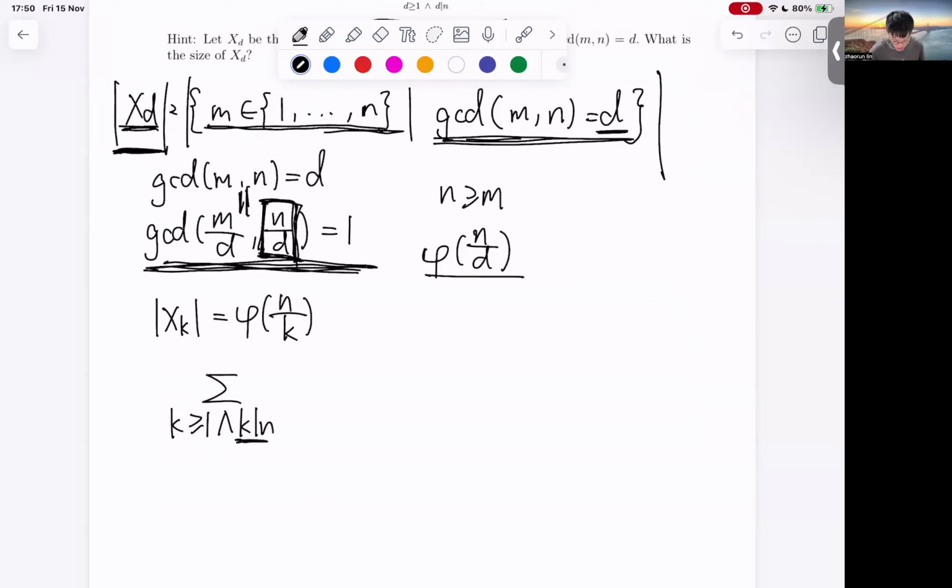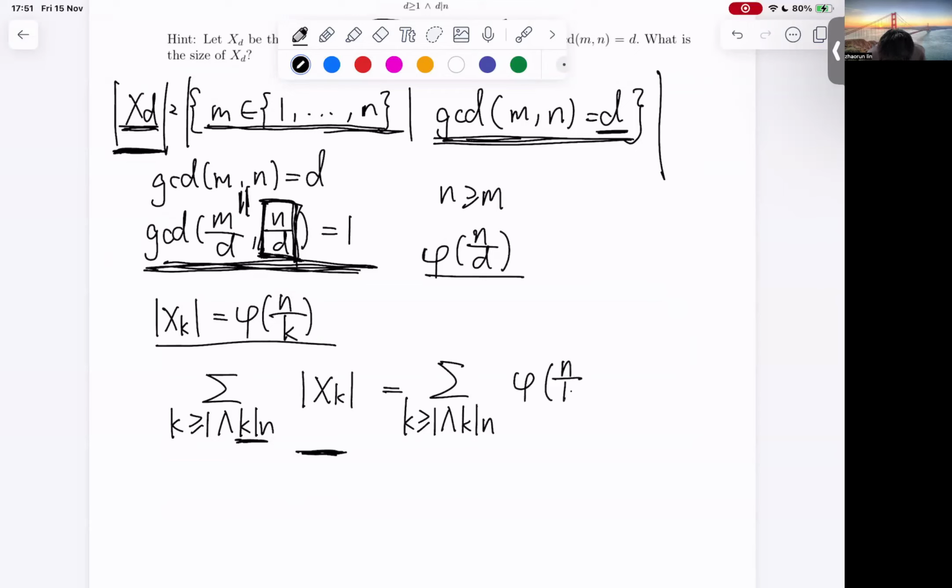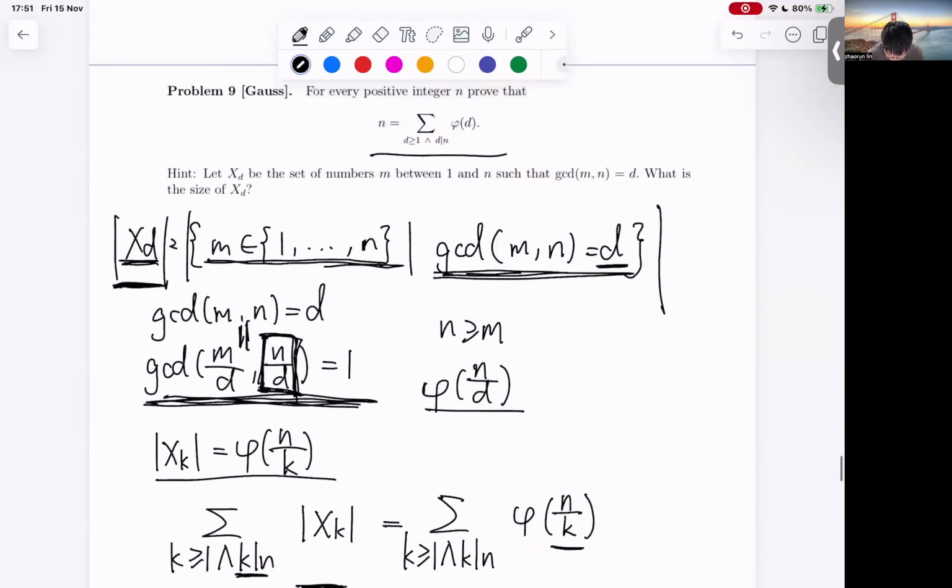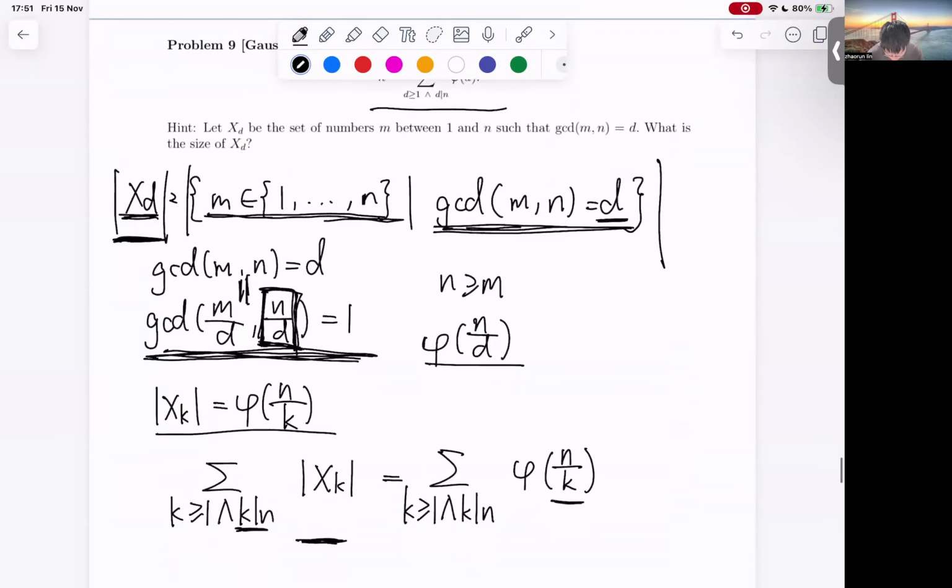If we sum up all of such k, and we take the size of the set x_k, it should be equal to... so right now we just proved this, so it should be equal to the divisor of n, should be equal to this, right? And since each n over k is just a divisor of n, right?